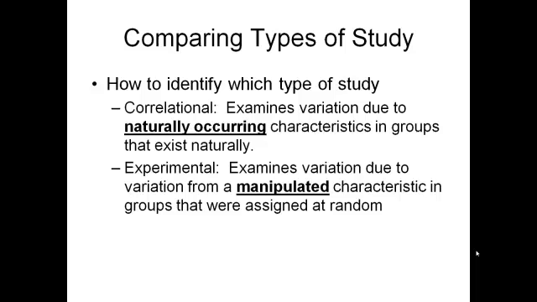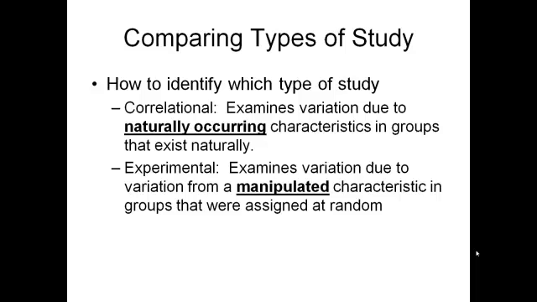Okay. So again, to summarize, typically what you would see is in correlational studies, this is what you would use when you are examining naturally occurring characteristics. A person's self-esteem is something that's naturally occurring. It's not something that you're really causing.